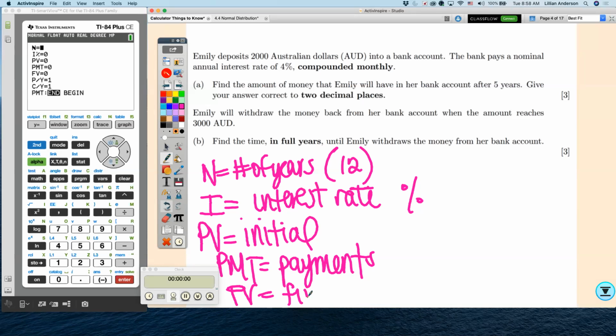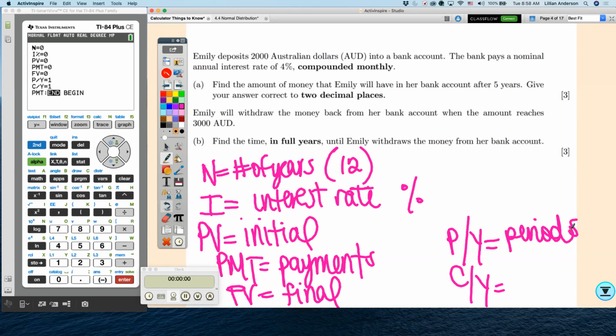That final amount, that future value. What does PY represent? And CY? Periods and cycles in a year. Our periods per year, our cycles per year, AKA our compounding periods per year. And then beginning and end is going to be based off of the problem, okay?